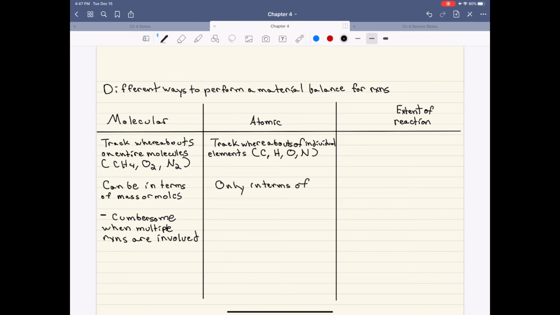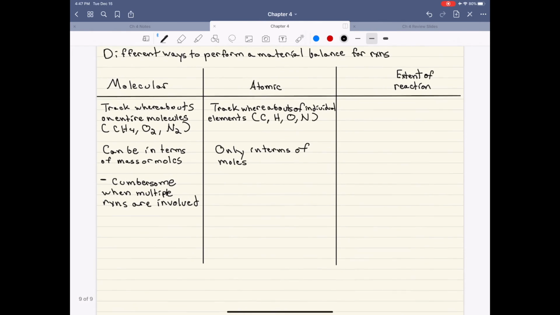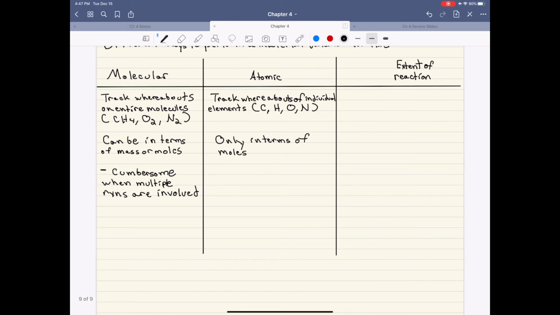Right? And really, the advantage of using atomic material balances in reactive systems is they actually simplify the system in the event that you have multiple reactions occurring. So easy to use when multiple reactions occur.